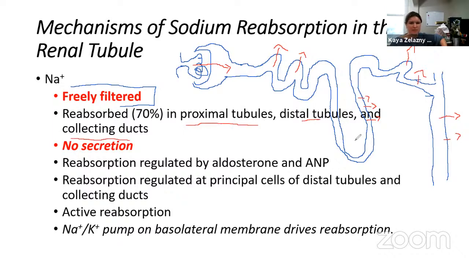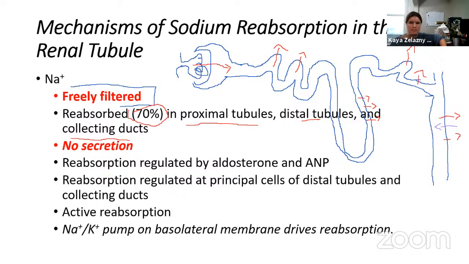I just drew on the loop of Henle because it's important we remember that it's part of that function of the medulla, although that doesn't substantially add to this 70%. Okay. Sodium is not secreted. So we remember secretion, right, is moving into the tubule, right?